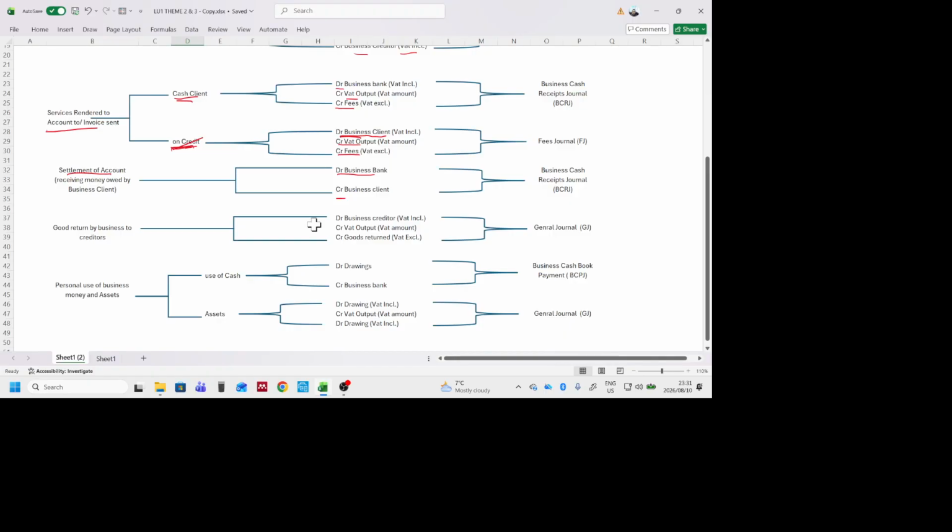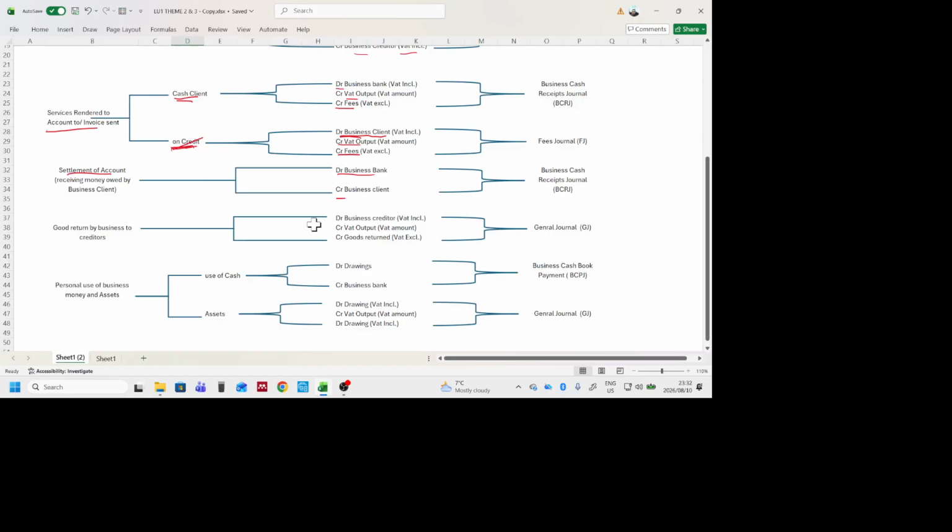Every time you debit your business bank, you're saying that this account is increasing. You are receiving money. Since both are assets, the effects of the transaction for these accounts are going to be a plus and a minus on the assets, where the plus will be for the business bank and the minus will be for the business client, to indicate that the total money receivable from this client is now being reduced because we did actually receive the money from the client.